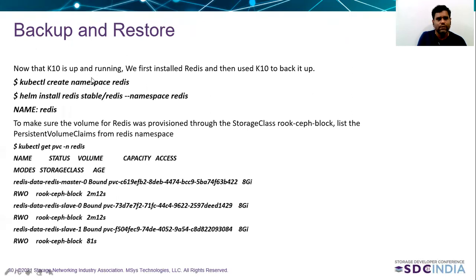To make sure the volume for Redis was provisioned through the storage class Rook Ceph block, we list the persistent volume claims from the Redis namespace. Here we can see the list.